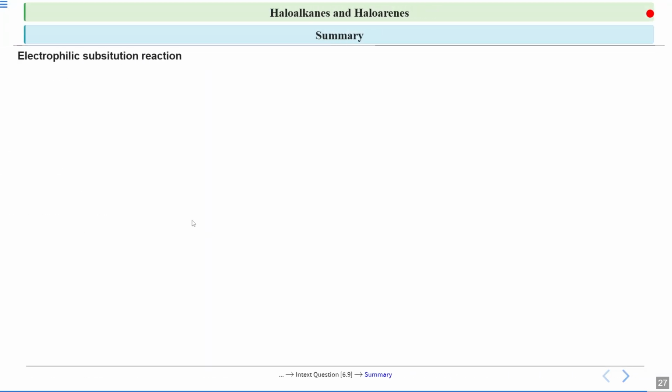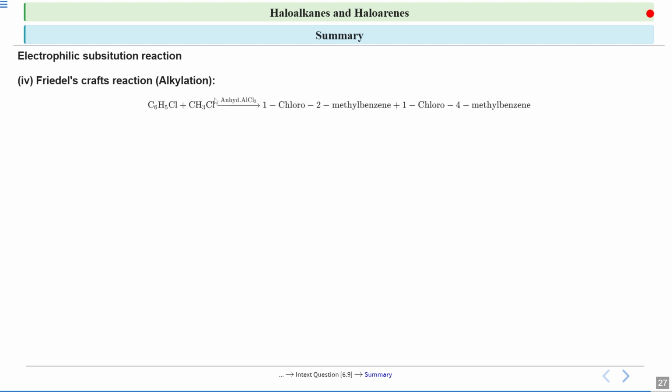Along with that, the fourth one is the Friedel-Crafts reaction. First type is alkylation, where alkyl halide and aryl halide react together in presence of anhydrous AlCl3, giving you 1-chloro-2-methylbenzene and 1-chloro-4-methylbenzene. Again, a mixture of products, one is major, one is minor.